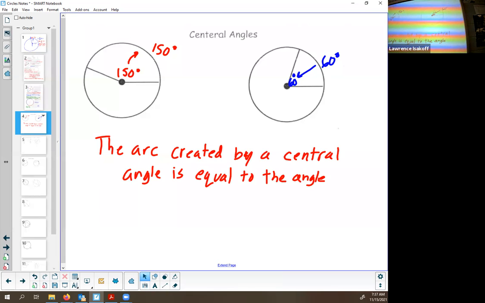So if the arc is 70 degrees, the angle is 70 degrees. If the angle is 82 degrees, the arc is 82 degrees. That's our big idea. Not too bad, right?